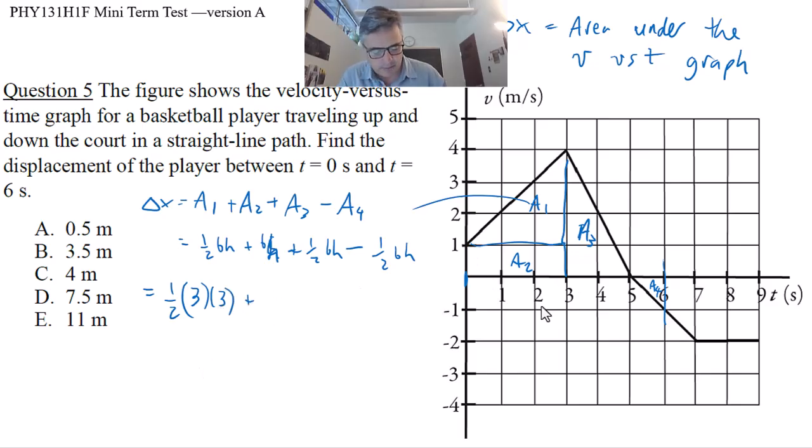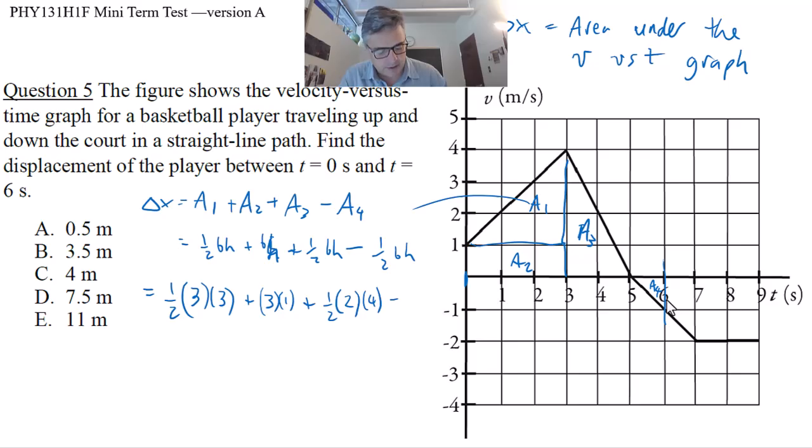Plus, just base times height, that's 3 seconds times its height, which is just 1 meter per second. Plus, this thing over here, its base is 5 minus 3, so that's 1/2 of 2 seconds. And its height is 4 meters per second times 4.